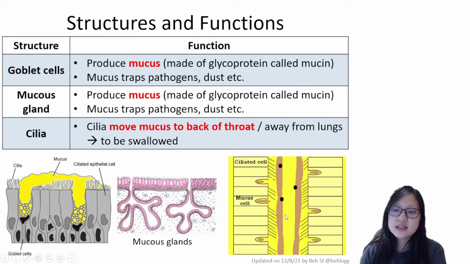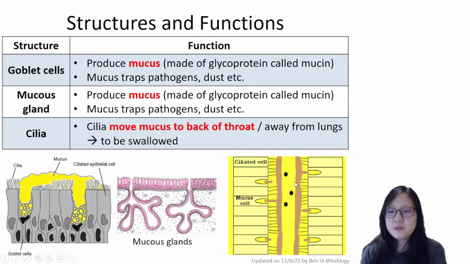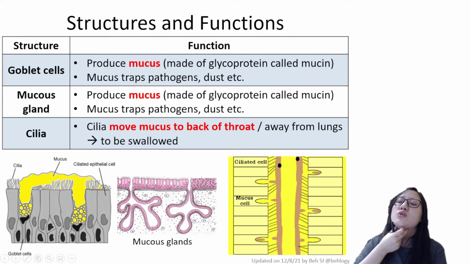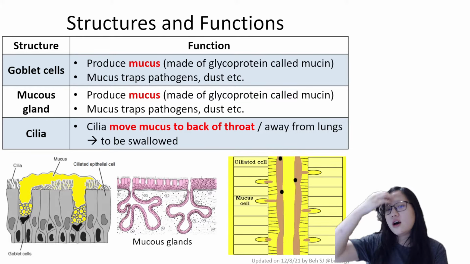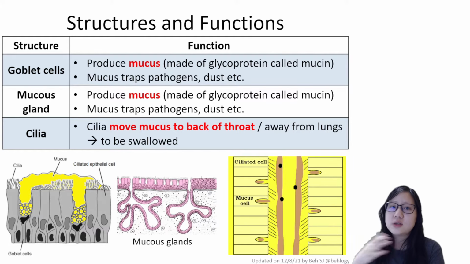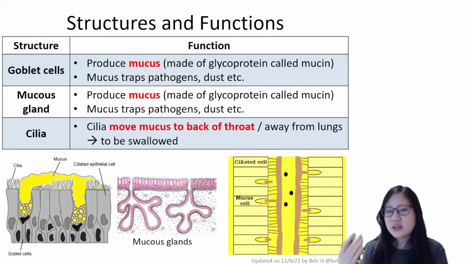Now what the cilia do is sweep it rhythmically, constantly upwards from your trachea to the back of your throat and the pharynx, away from the lungs, and into your oral cavity so that you can swallow it. It goes into your digestive tract so that the pathogens would be killed in your digestive system.